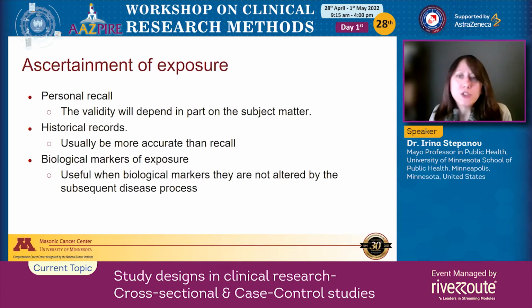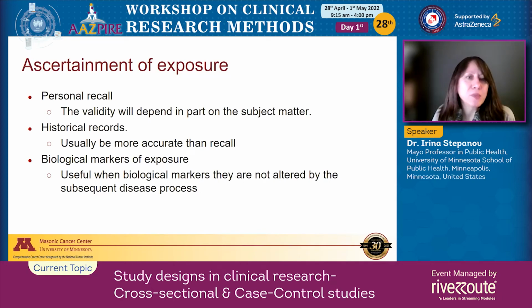So in terms of ascertaining exposure from personal recall, that is one of the methods of ascertaining exposure, but validity will depend in part on the subject matter. Some things are easier to recall than others.